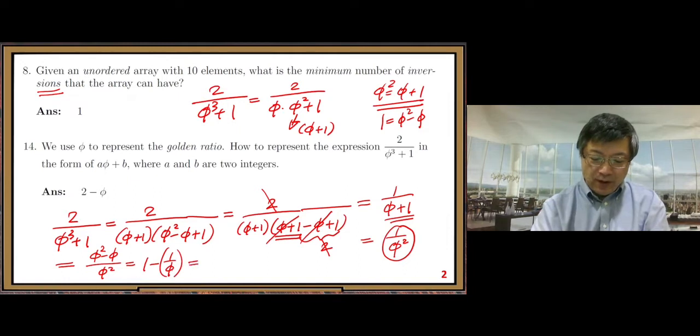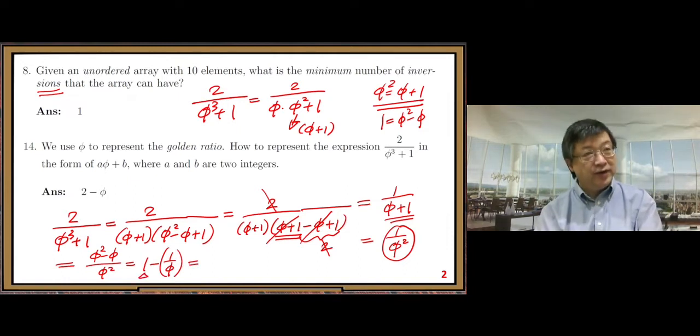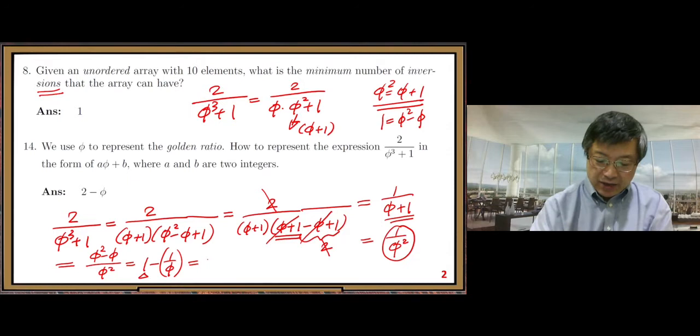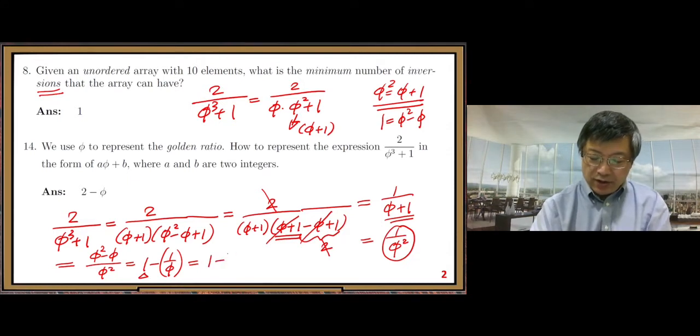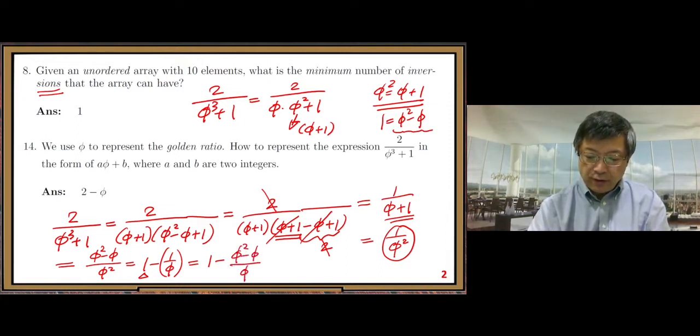Now, we already have an integer here. Last step, 1 minus that 1. Use this expression another time: phi squared minus phi over phi. Numerator denominator cancellation, 1 minus phi minus 1.